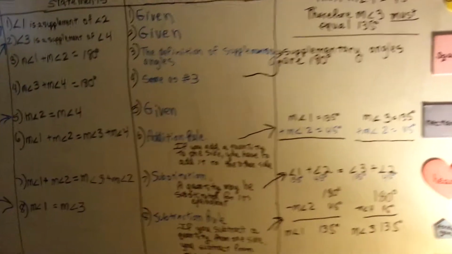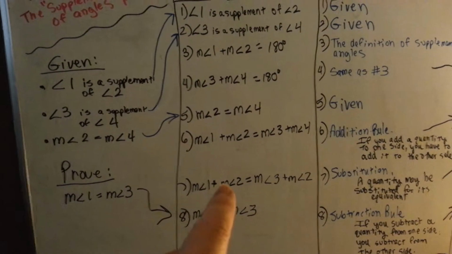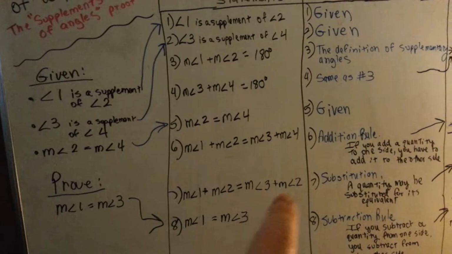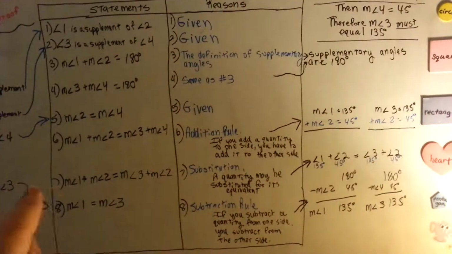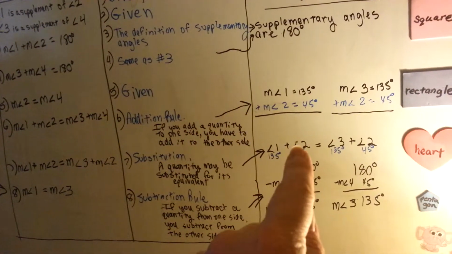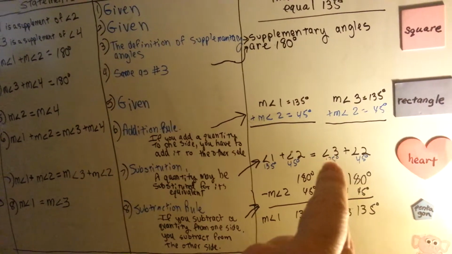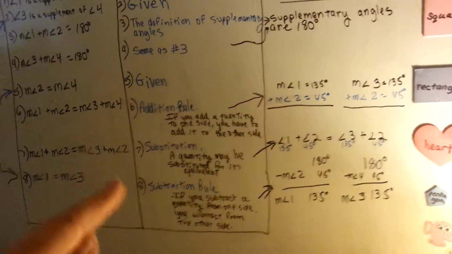That's the addition rule, okay? So now we're going to say that 1 and 2 equals 3 and 2. Well, that's pretty much what I just said right here, right? Our reasoning is substitution. That angle 1 plus angle 2 is equal to 3 and 2, because we proved it up here. See how I'm going step by step?